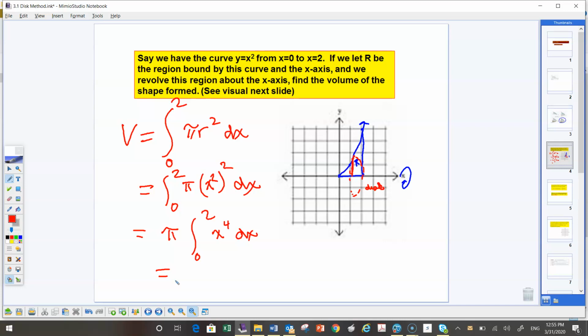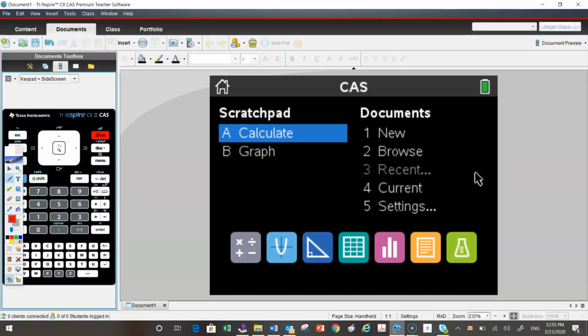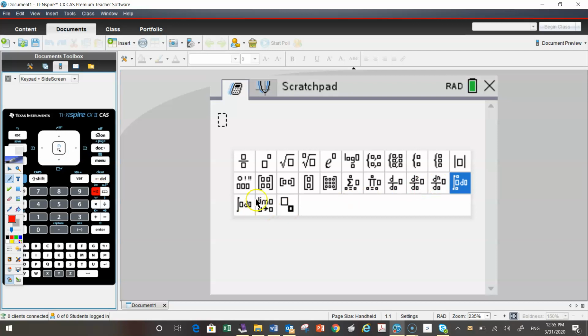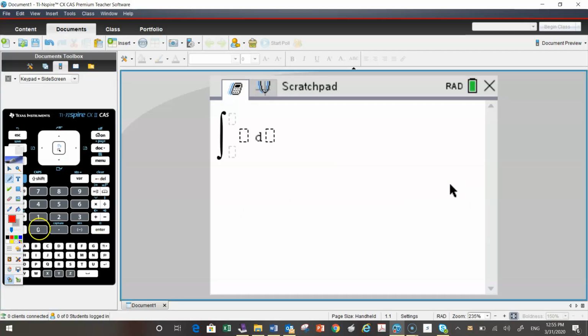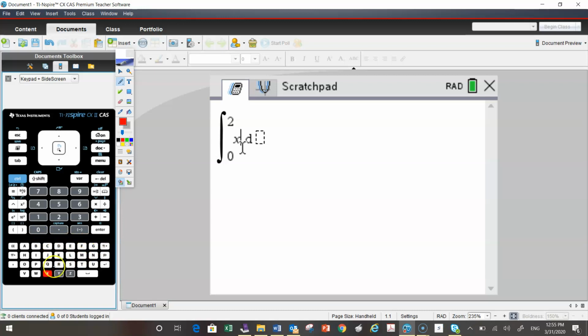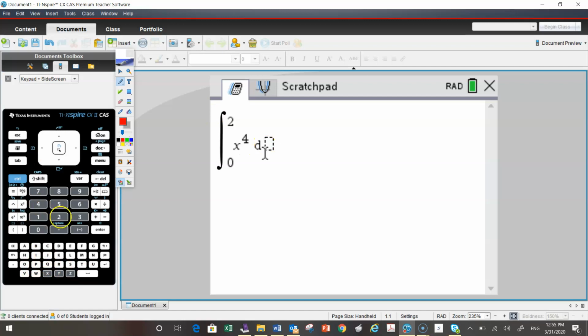We should know how to manually integrate that, but just to save some time, we're going to use our calculator. So I'm going to calculate a definite integral, going from 0 to 2 of my function, which when I simplified it was x to the power of 4, and I'm integrating with respect to x.